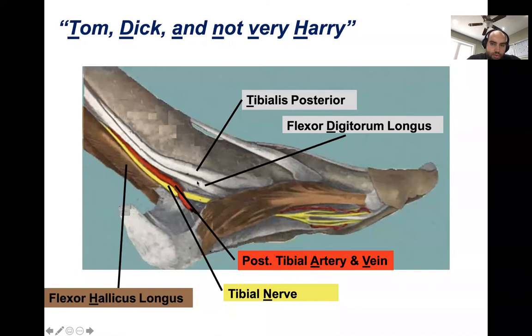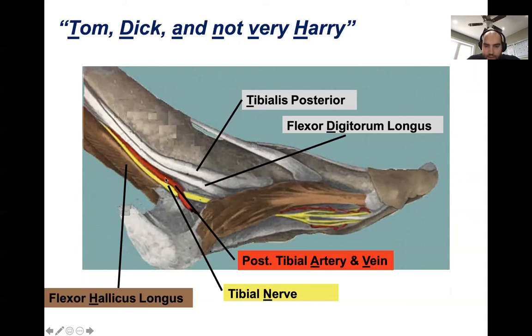If we go a little more posterior, we get into the Dick portion, which is flexor digitorum longus, so D over here. That would be the next thing we'd see, okay? And then when we get into and not very, we would see the artery, the vein, the artery, the nerve, and the vein, which corresponds to and not very, as well.